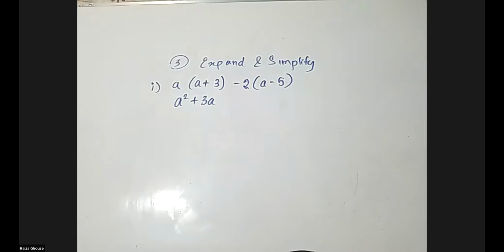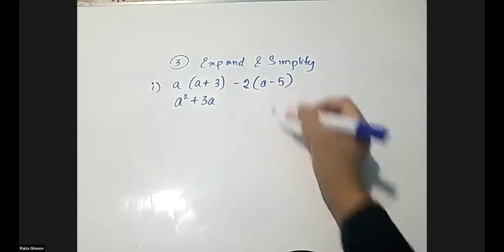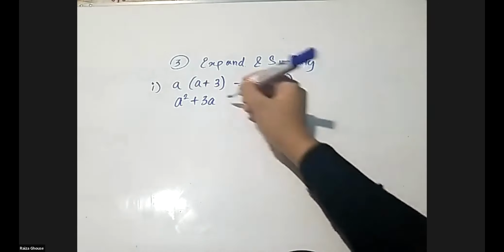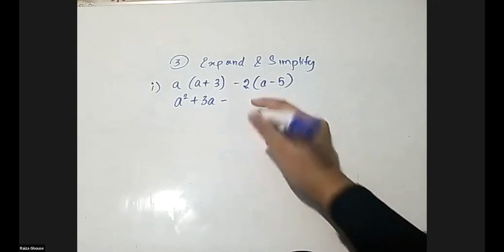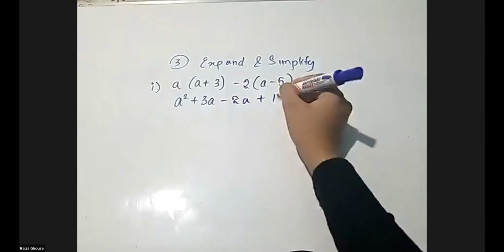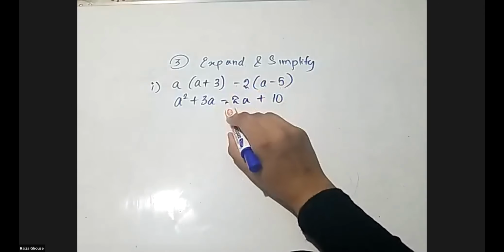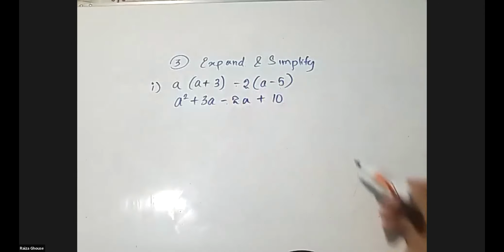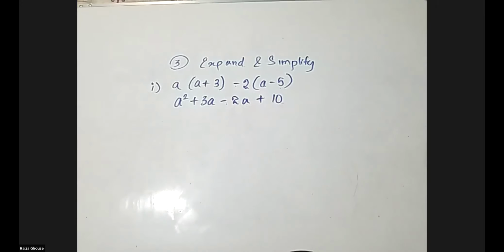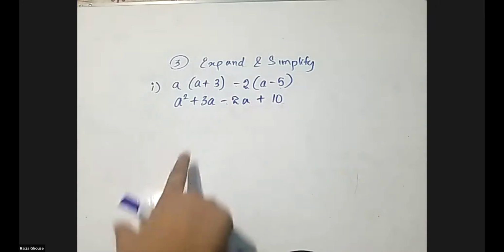Don't be scared. Yes, you can. Minus 2A plus 10. Very good, minus 2A plus 10, because she knows that minus into plus is minus and minus into minus is plus.